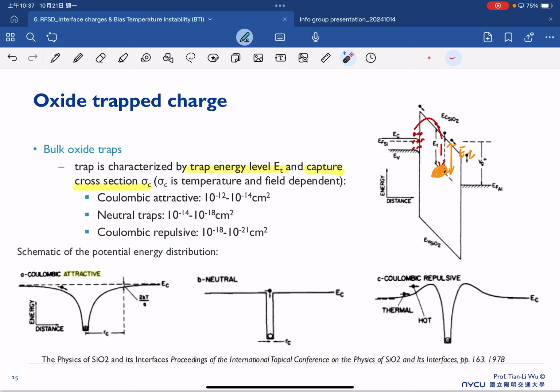And another is what we call the capture cross-section. The capture cross-section is a term to describe the probability that a trap center can capture an electron or hole.